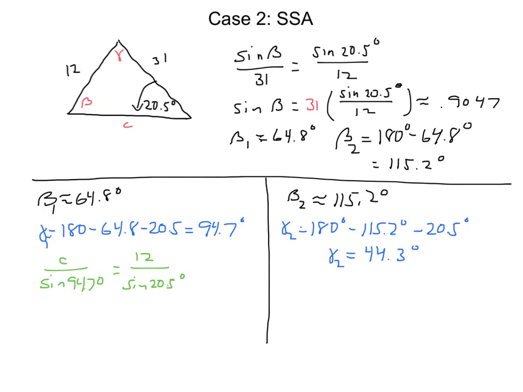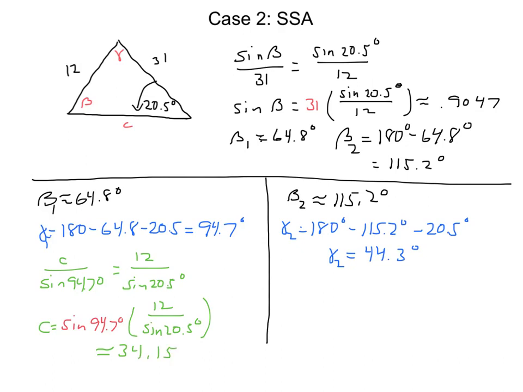Putting that into your calculator, C is equal to the sine of 94.7 degrees times 12 over the sine of 20.5 degrees. When I put that into the calculator, it comes out to be about 34.15.